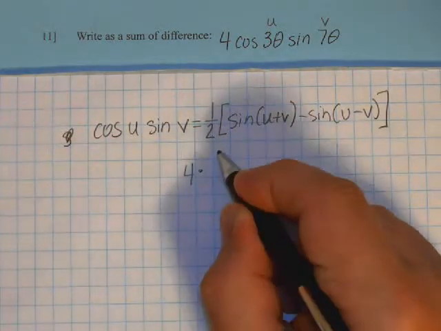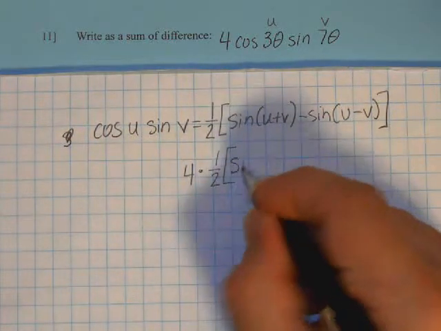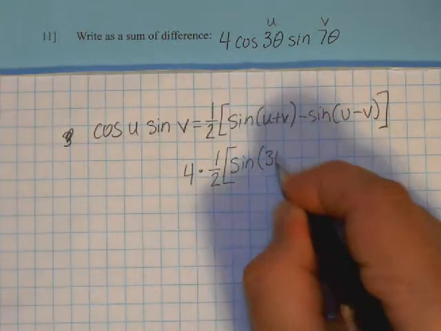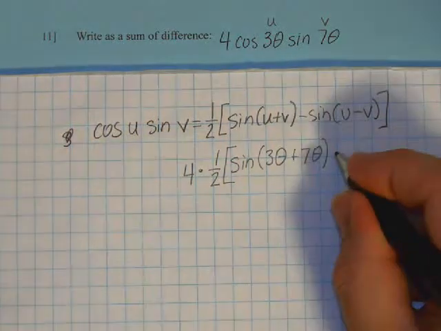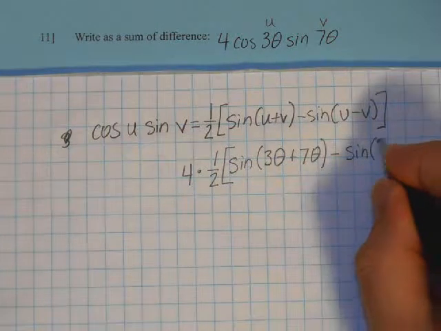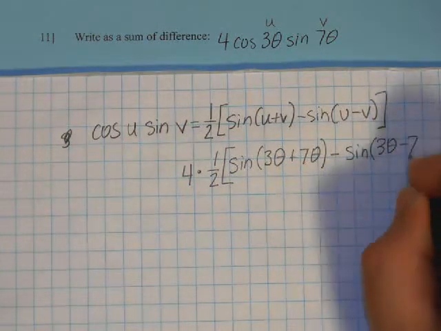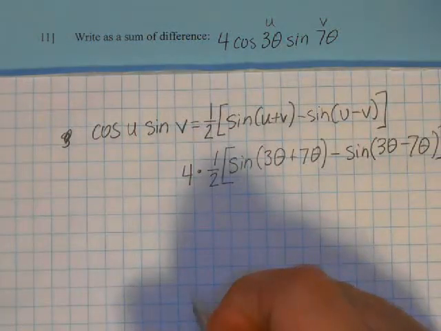So I get 4 times 1/2 of sine of 3 theta plus 7 theta minus sine of 3 theta minus 7 theta.